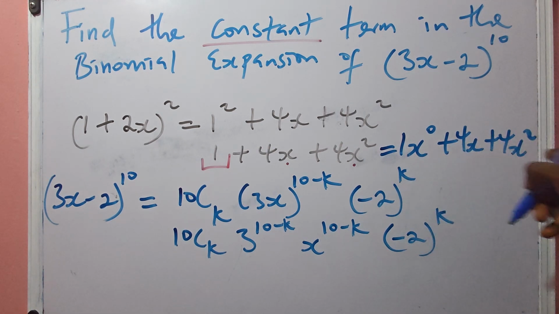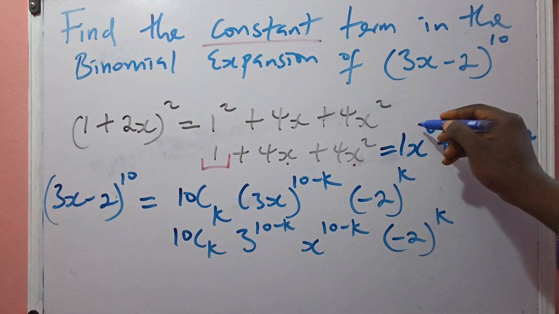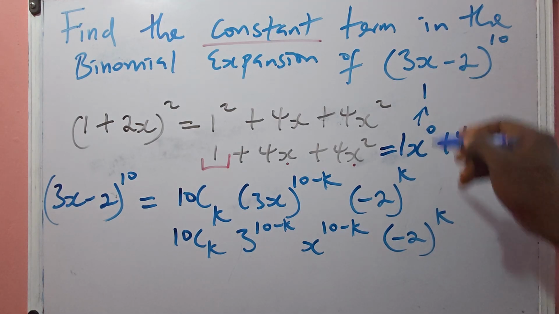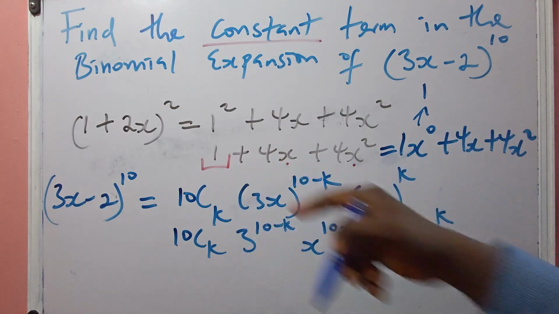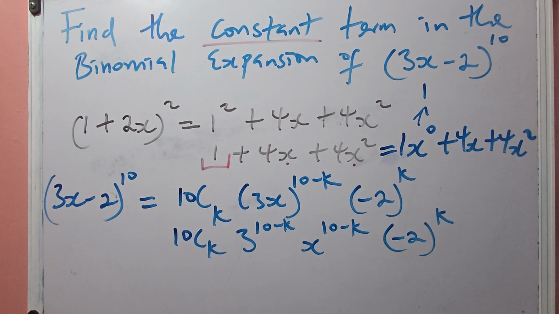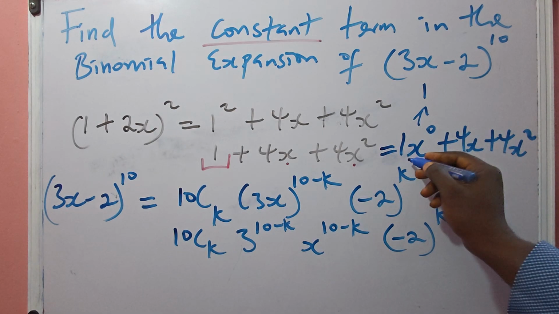This is actually very correct because I'm sure you know that anything raised to the power of 0 is 1. So this will obviously still give you the same value. All I'm trying to bring out from this is for you to understand that every constant term in a binomial expansion always has x raised to the power of 0.